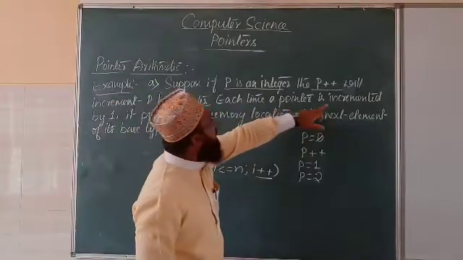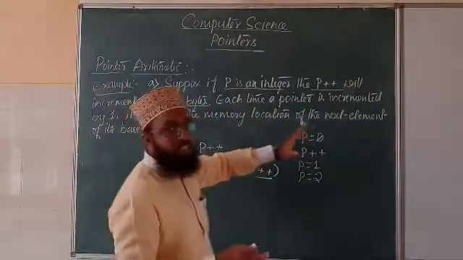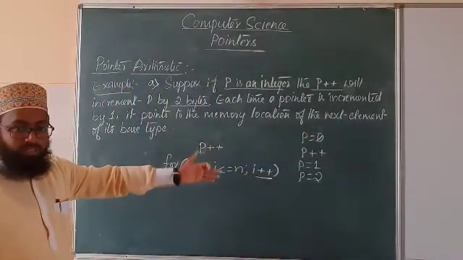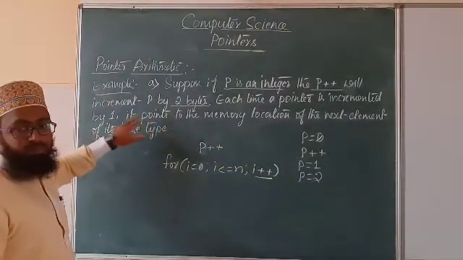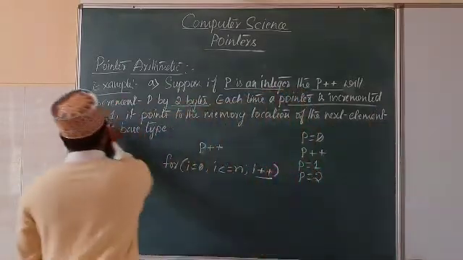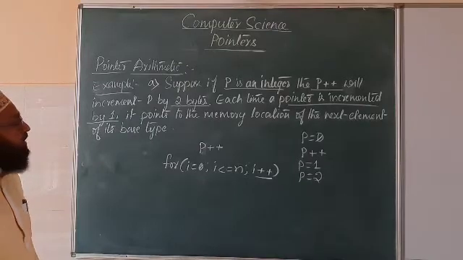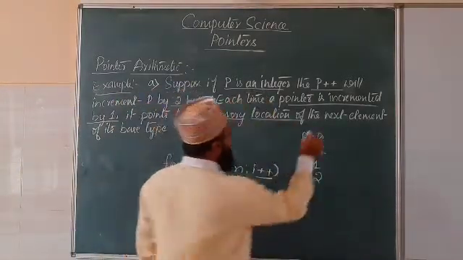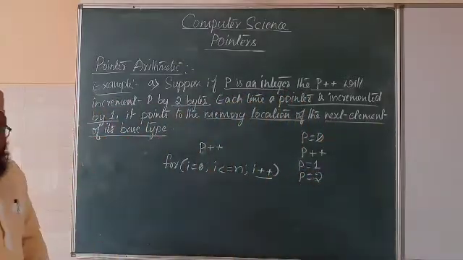Each time a pointer is incremented by 1, in each run, in every compiling time, it is incremented by 1. Okay, and what it will do is point to the memory location of the next element of its base type.